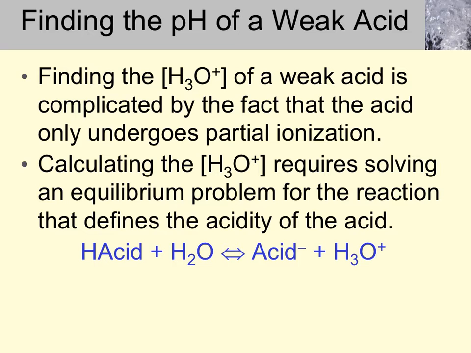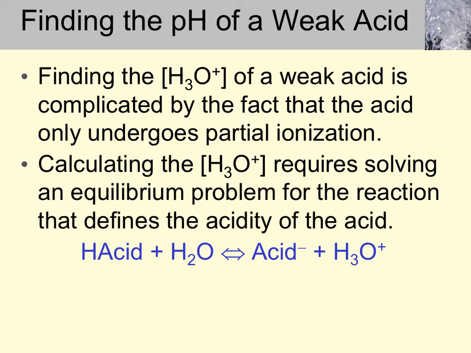All right, here we go. So now we're getting into the tough calculations in Chapter 15, and that is going to be creating ICE tables and equilibrium expressions for weak acids and bases. I just showed you how finding the pH of a strong acid or base is quite easy because they ionize 100%.